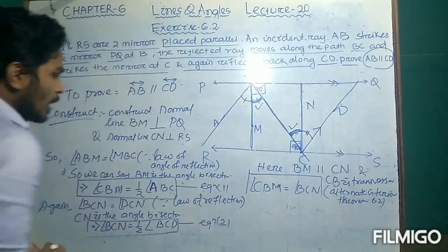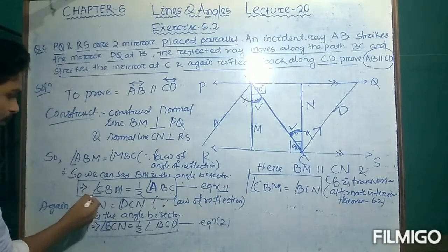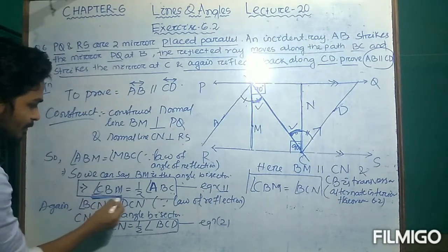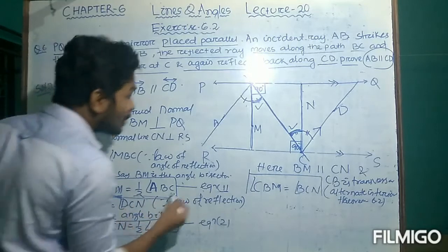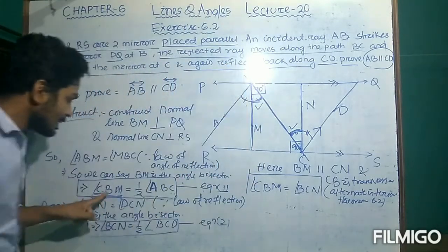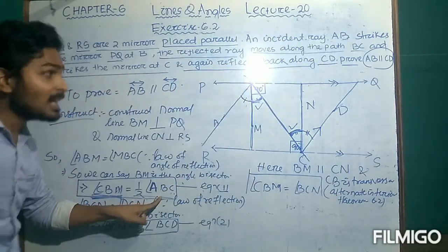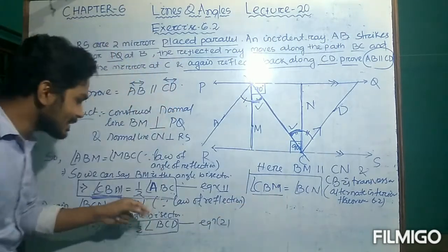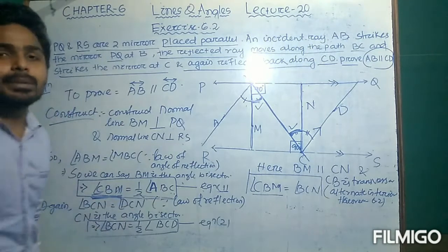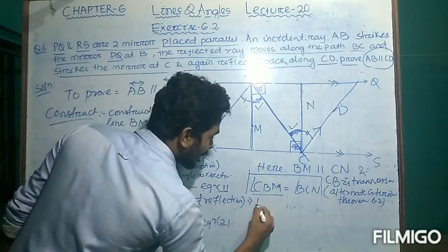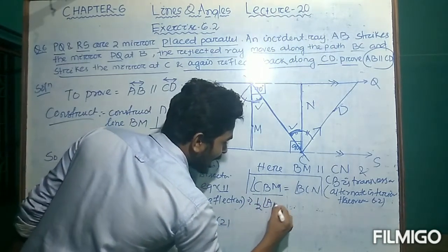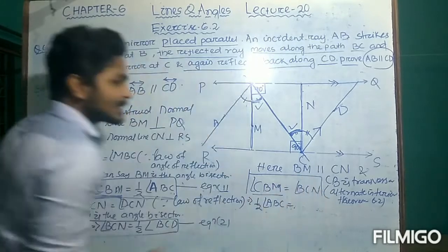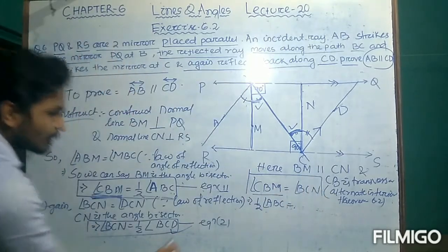Now look at equation 1. In equation 1, we find that angle CBM is equal to half of the total angle ABC. So in the place of CBM, we can substitute half of angle ABC. Similarly, look at equation 2.